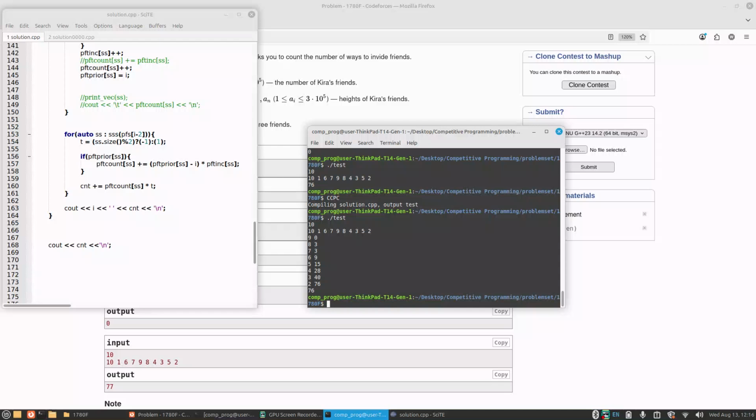So, yeah, that's correct. Doesn't do anything. 7 is correct. 6, yeah.